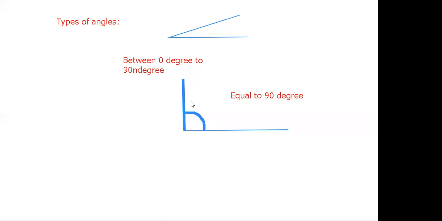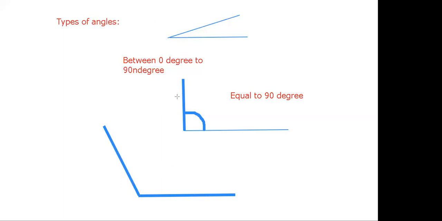And another example of an angle: one line segment is in this way, and another line segment is in this way. This is the third example.